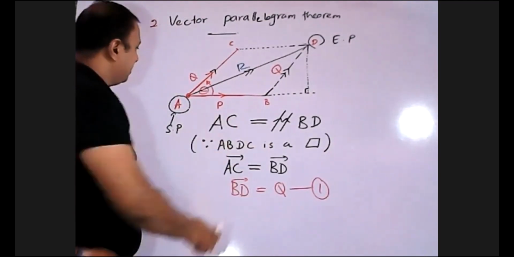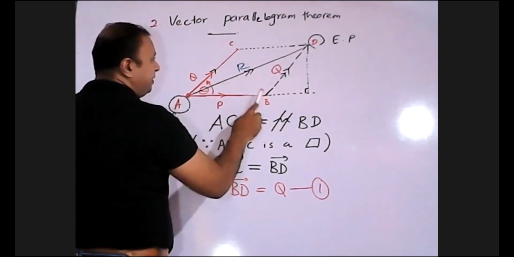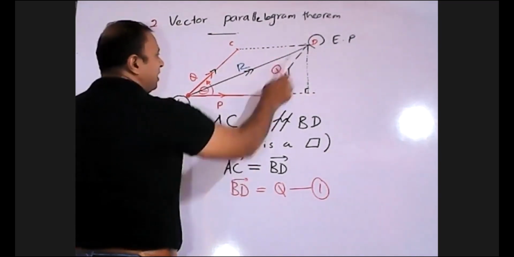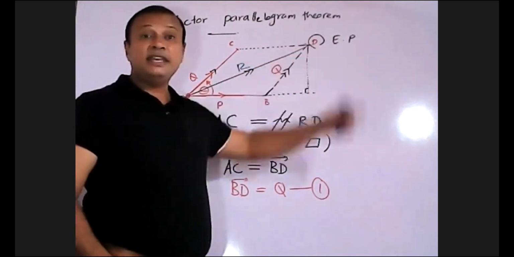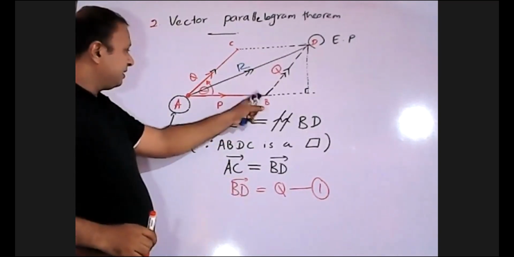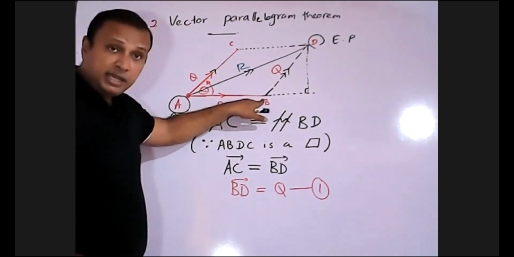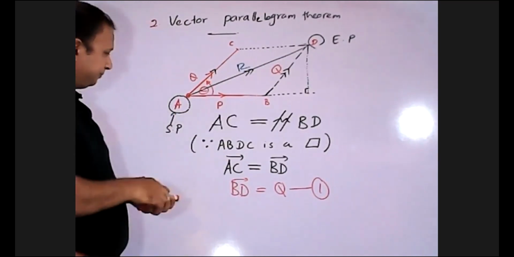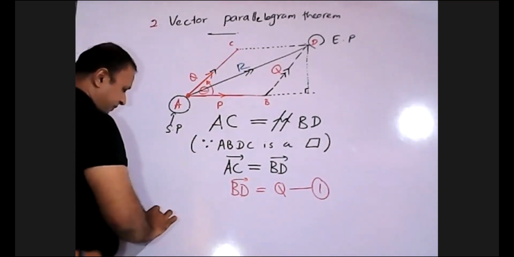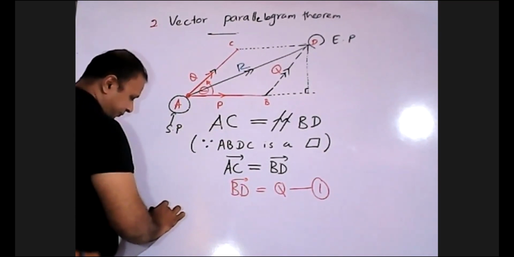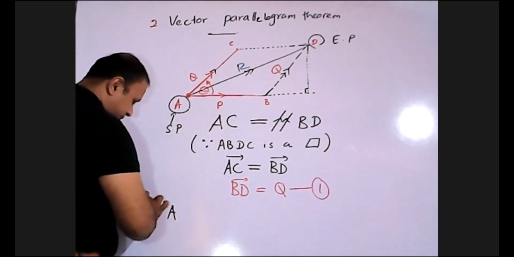Look at this, AB and BD. If you add AB and BD, it should be equal to AD, because the endpoint of the first vector is the starting point of the second vector.